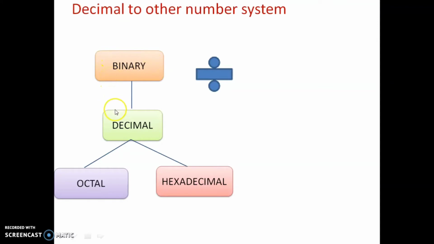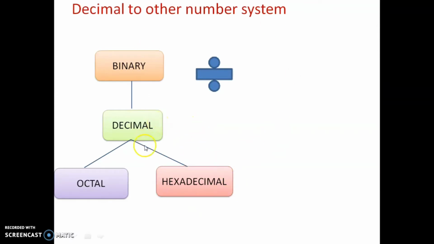I mean to say, when you are converting decimal to binary, the base of target number system is 2. So, this decimal number is divided by 2. When you are converting decimal to octal, the base of octal number system is 8. So, the decimal number is divided by 8. In the same way, when you are converting decimal to hexadecimal, the base of target number system is 16. So, the decimal number is divided by 16.